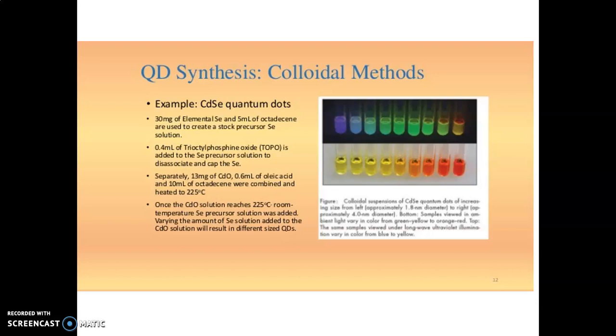Here you can see these cadmium selenium quantum dots are manufactured. Initially 30 milligram of element selenium and 5 milligram of octadecane are used to create a stock precursor selenium solution.